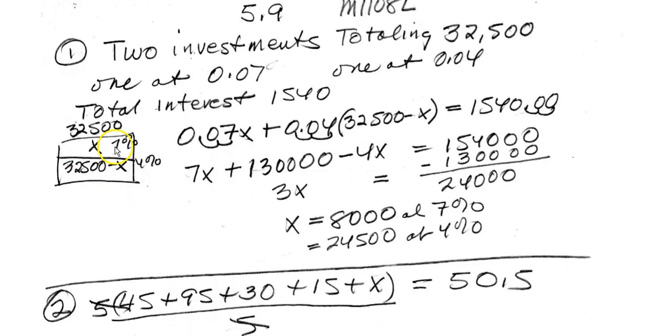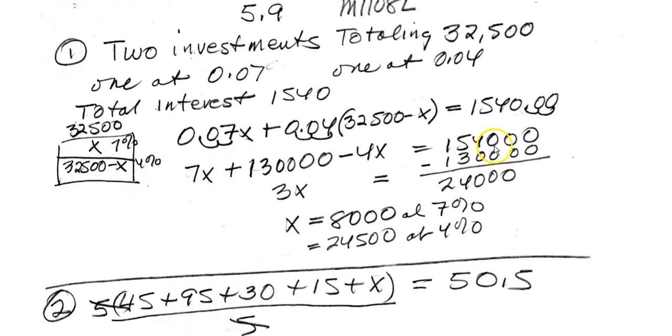I'm saying the x is at 7%, this part at 4%. So 7% of x plus 4% of the other equals the investment, and that was 1,540.